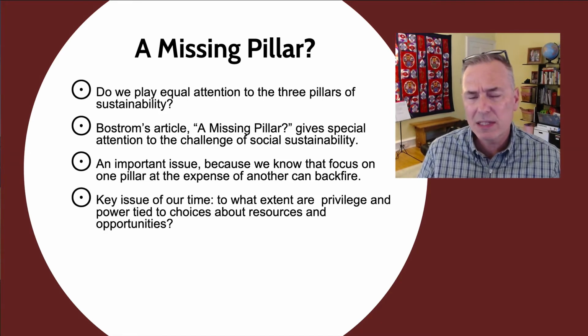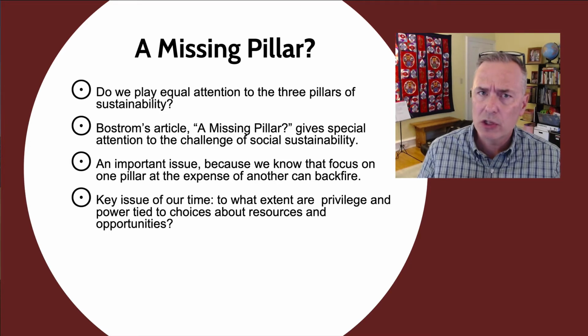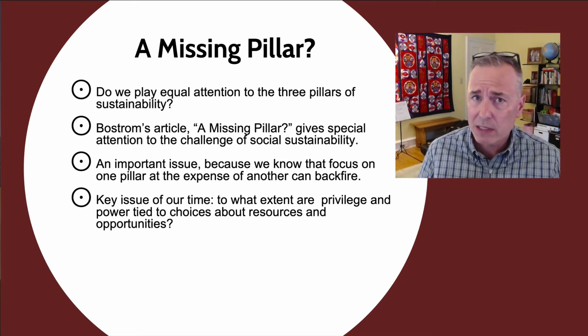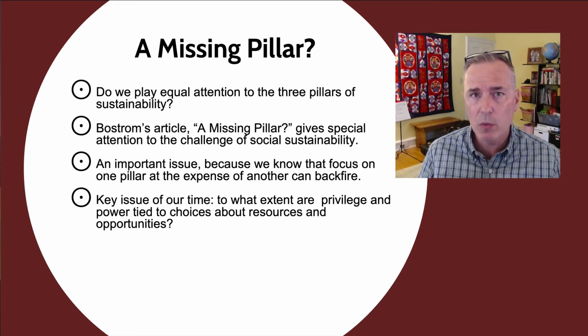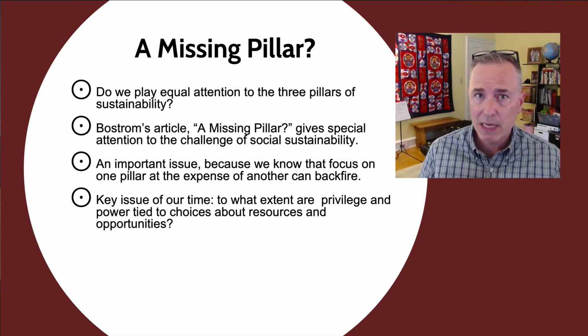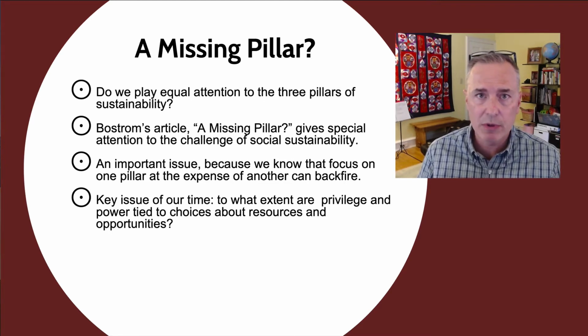And especially in this time when we're talking a lot about racial and ethnic inequality, class-based inequality is a big hot topic at the moment as well. It's an issue of our time, and one where we really want to think about how the ways we define, study, and make choices about sustainability might have embedded assumptions based in structures of privilege and power, and about who gets to make choices about resources and the opportunities people have or don't have when it comes to using those resources.